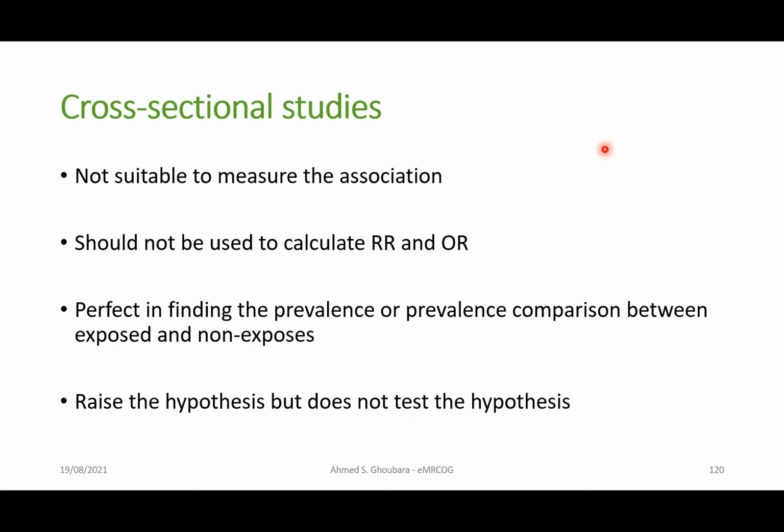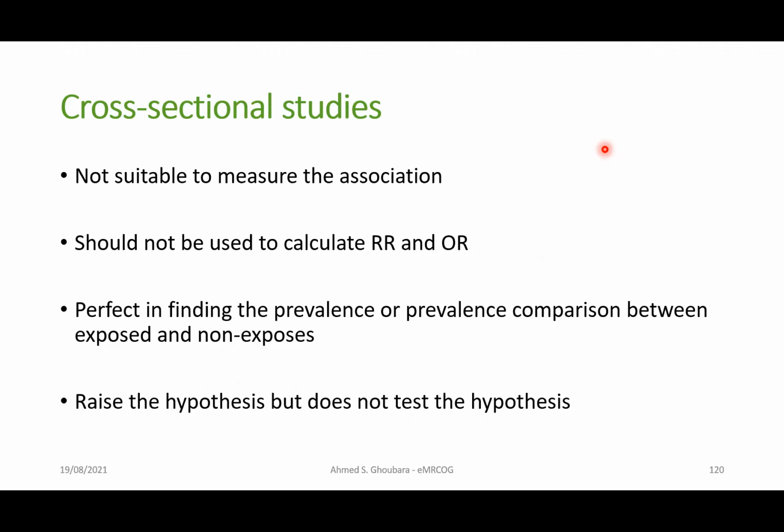Very perfect for detecting the prevalence, but you cannot use cross-sectional studies to calculate risk ratio and odds ratio. Yes, it will work. Mathematically, you can construct your table as before, and you calculate risk ratio and odds ratio.